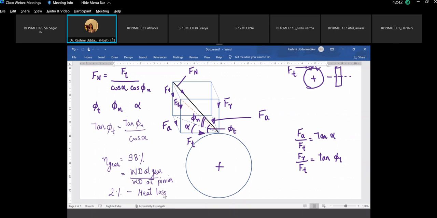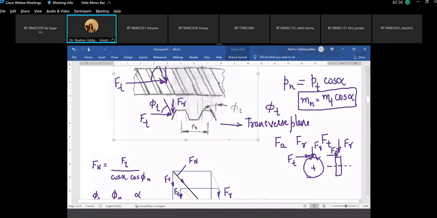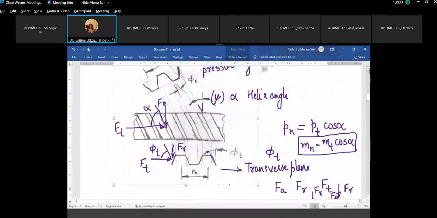Yes. Now another question for interview again. Why for the same pitch is a helical gear stronger than a spur gear? So the answer lies here. Look at the thickness of the gear. This is the width. In a spur gear, the thickness would be like this.